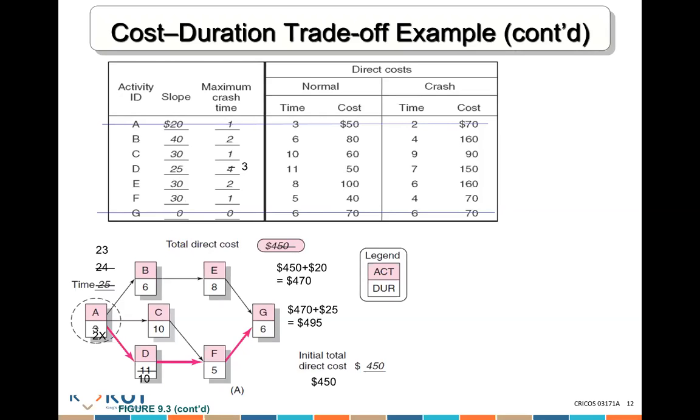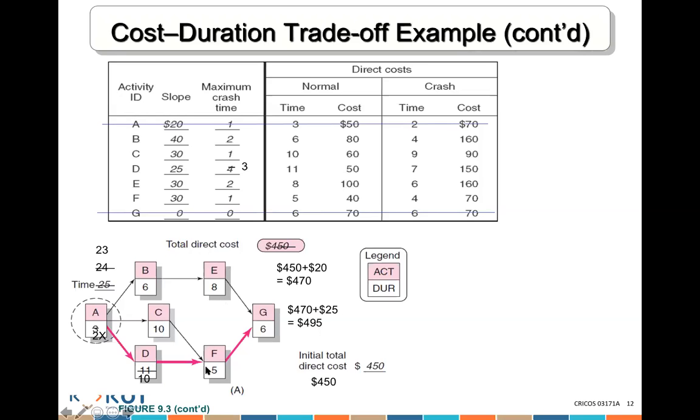Yeah. Okay, so that will take your cost from $495 to what? To $525. Because you're going to add what? You're going to add an extra 30. Does that make sense? Yes, the 30 from F. Yeah, so you're going to add to this an extra 30.